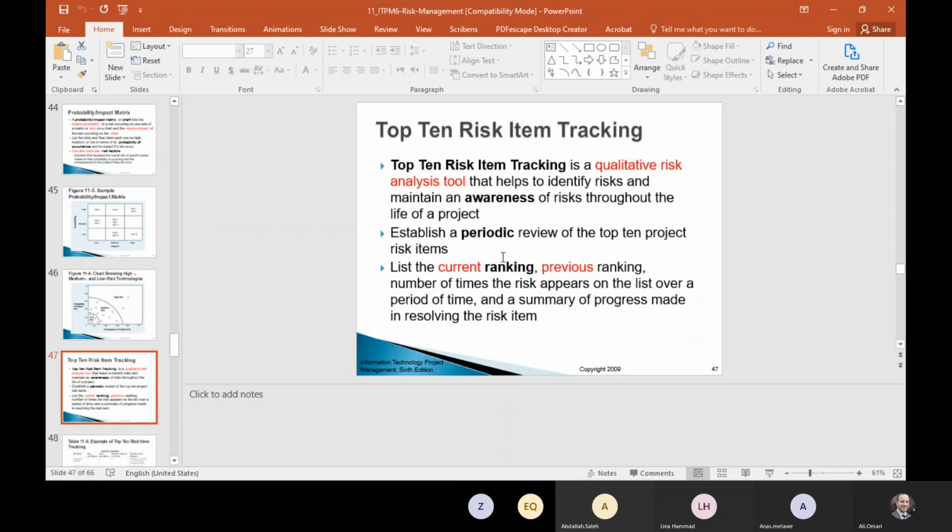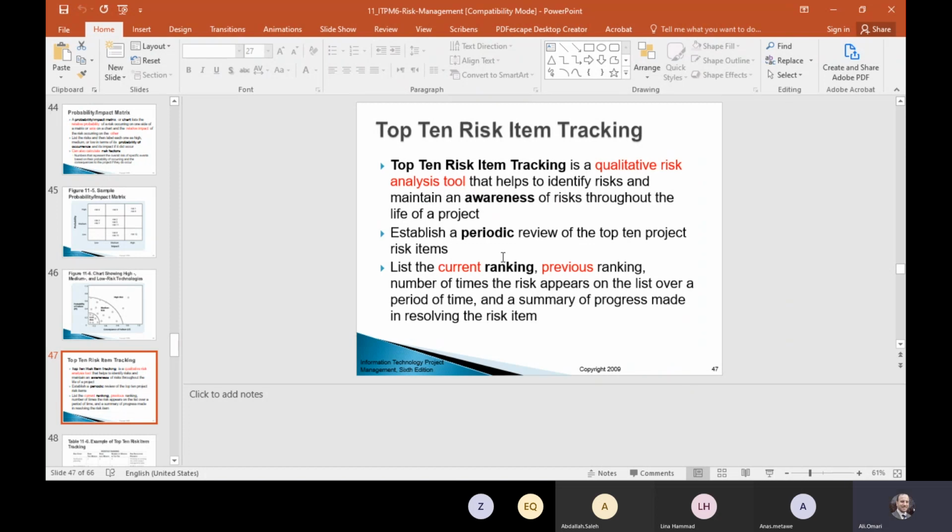Top 10 risk item is a qualitative risk analysis tool that also helps in identifying risk and maintaining awareness of risk throughout the project cycle.